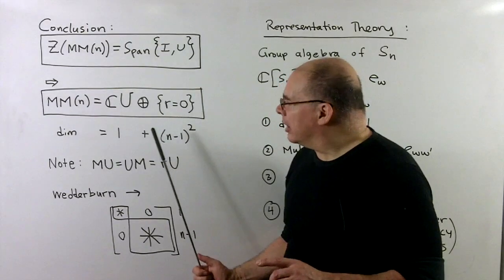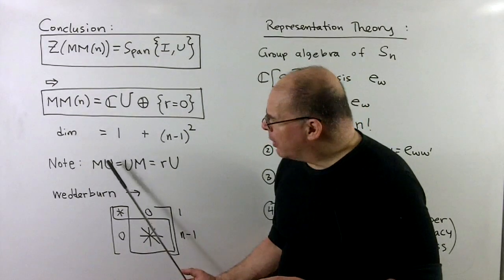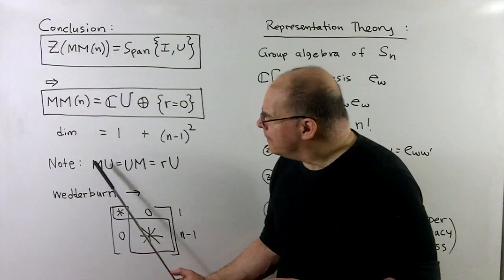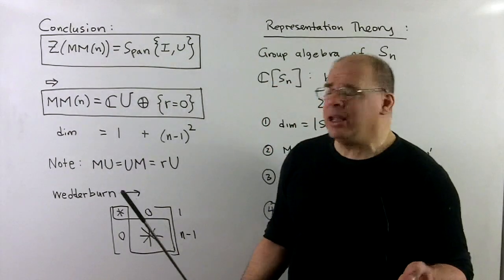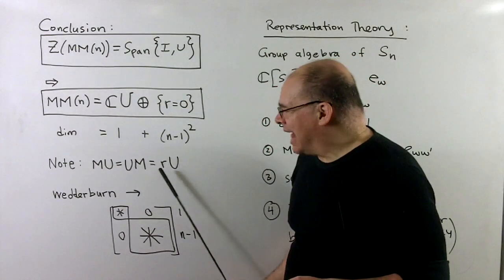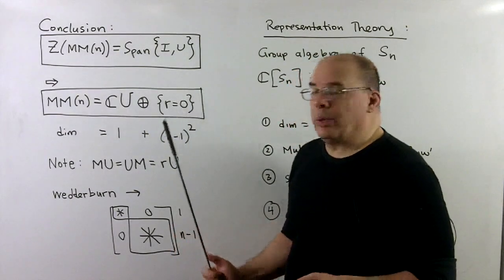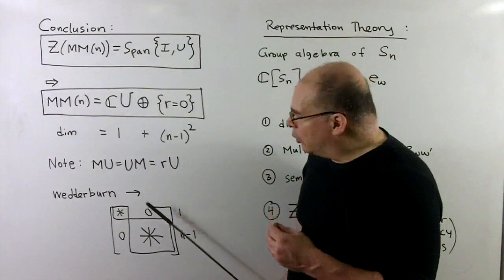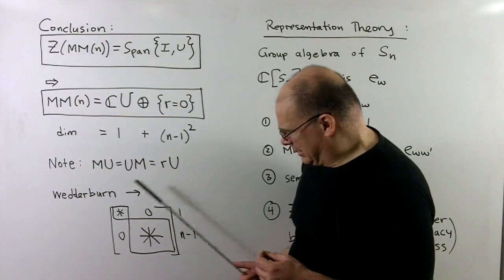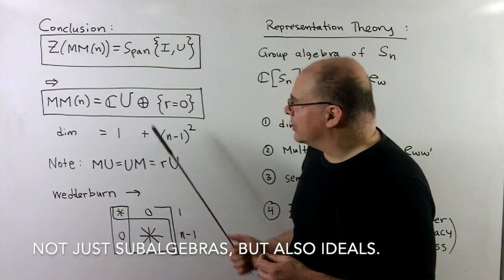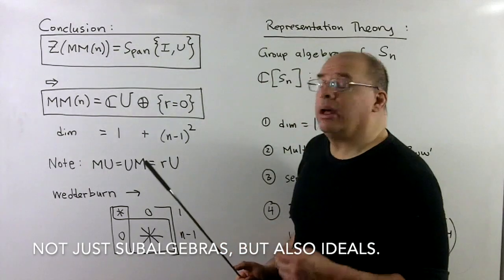And I note, if we check that, if I multiply U by M, a semi-magic matrix, on either side, we just get back U times the line sum of M. So if we multiply an element in here with an element in here, we get 0, which is exactly what we want when we're in this decomposition. So that's an orthogonal direct sum of algebras.